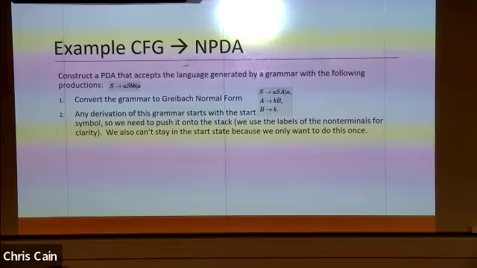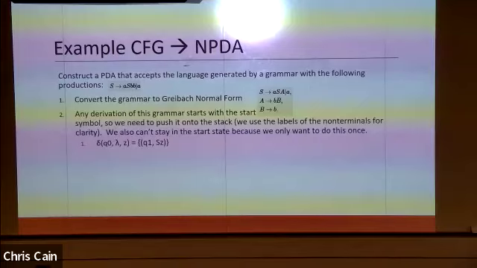We can't stay in the start state; we only want to have this happen once. So what does this look like? A move from Q0, popping off the bottom of stack character, is going to move into a new state and push the start symbol onto the stack.